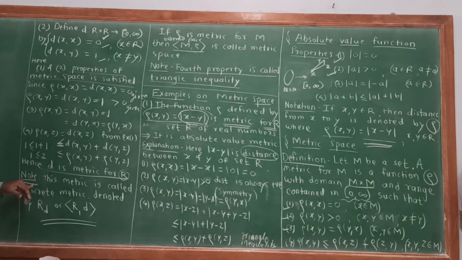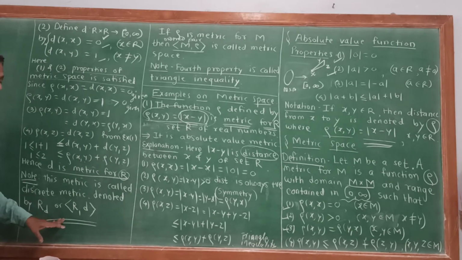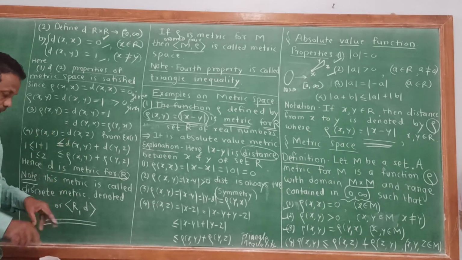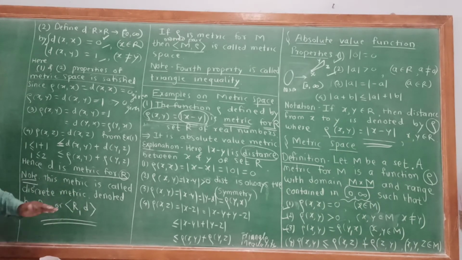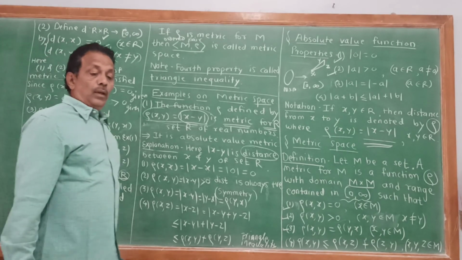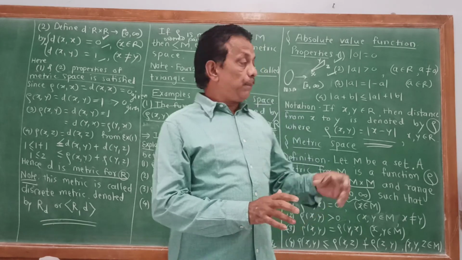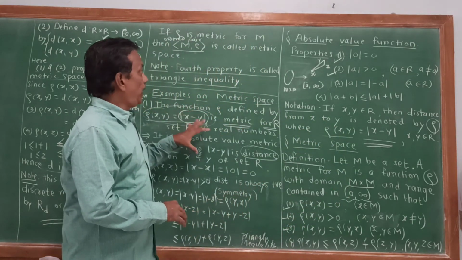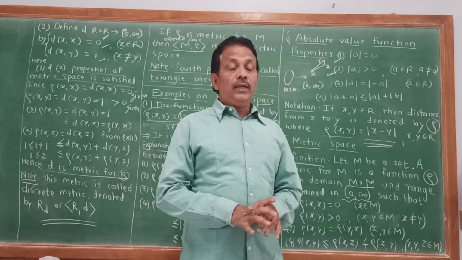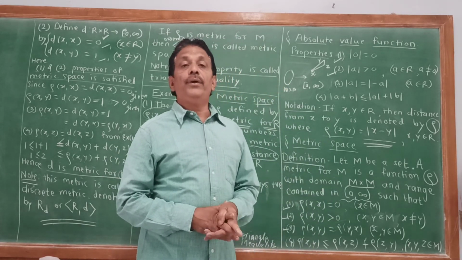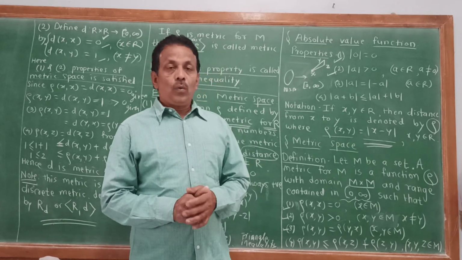Hence in note we write this metric is called a discrete metric, and it is denoted by R D. R is the set of real numbers and D is discrete. These are the two examples: absolute value metric and discrete metric. Let us see other examples relating to metric space in the next video. Okay, thank you.